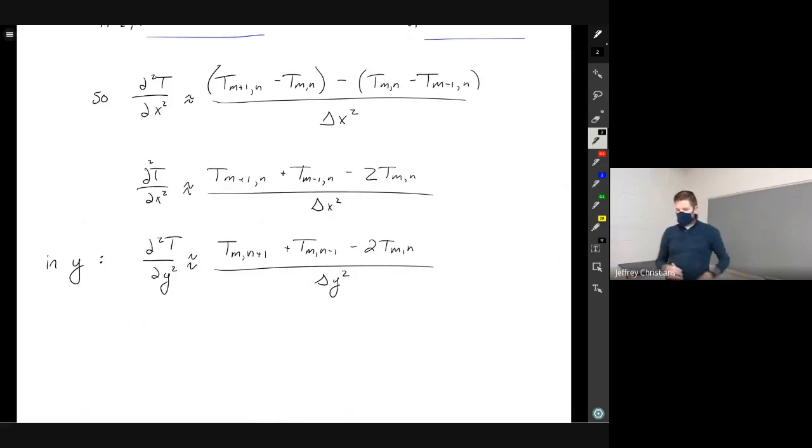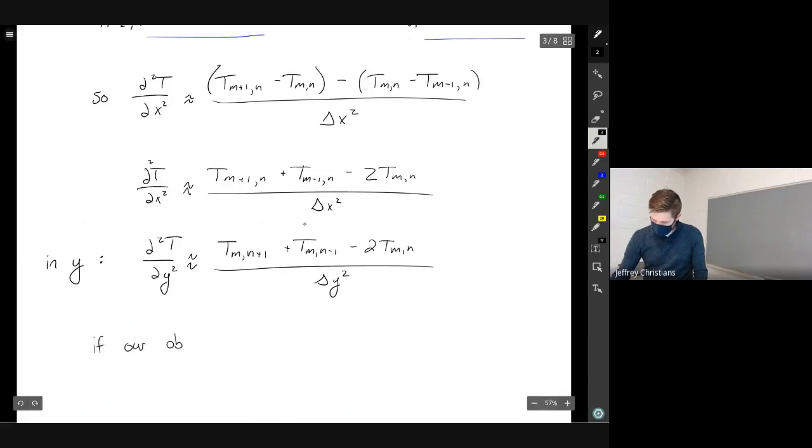So if we have a situation where our object is steady state and there's no heat generation, right, steady state, so partial T, partial time equals 0.